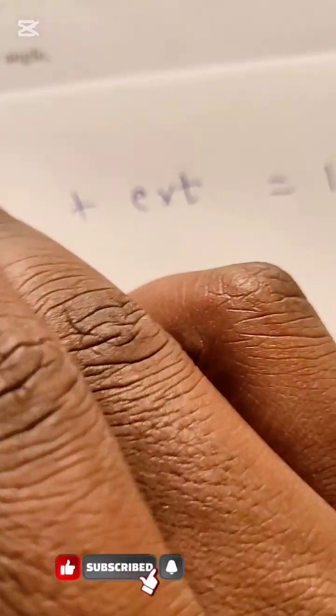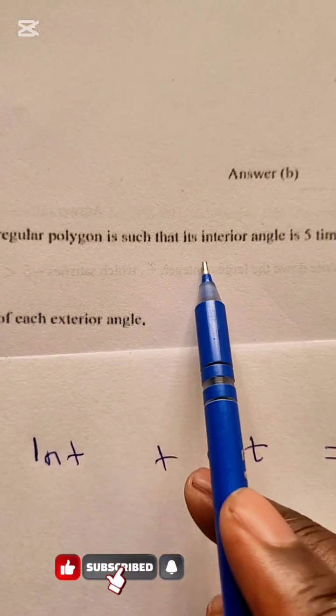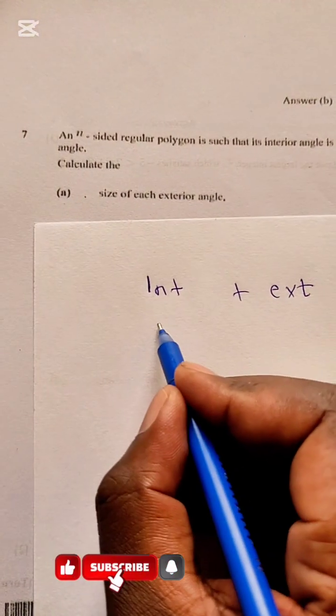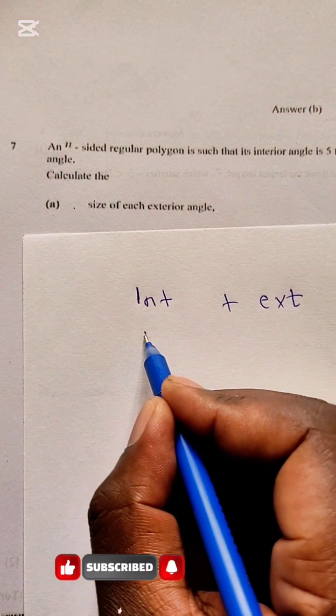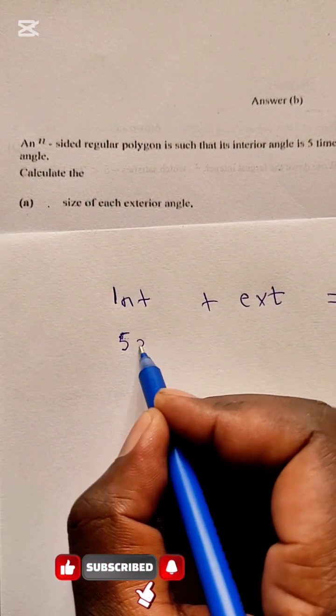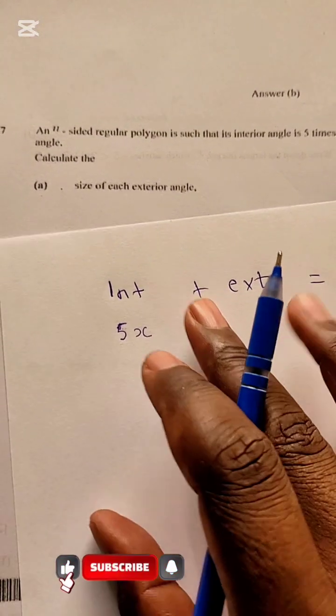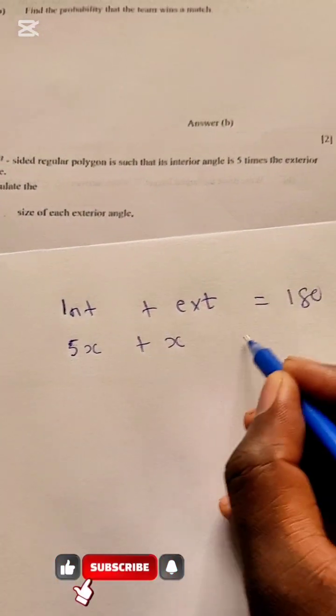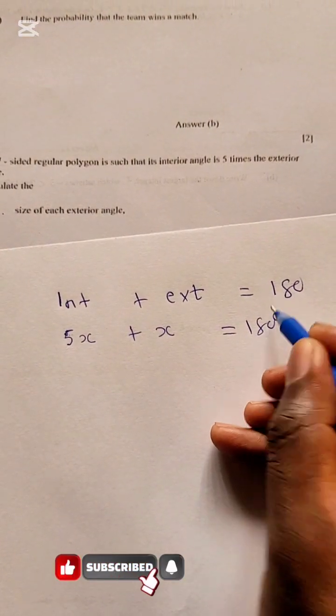So it says the polygon is such that its interior angle is 5 times the exterior angle. So exterior, let's make it x. So interior is 5 multiplied by x, because it is 5 times the exterior, plus exterior is equal to 180.